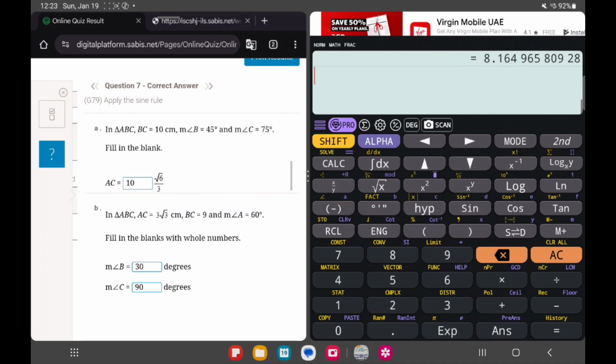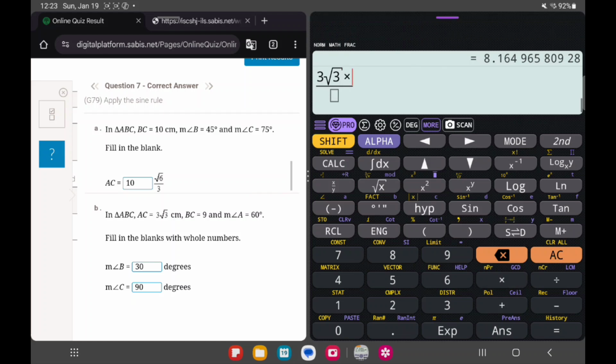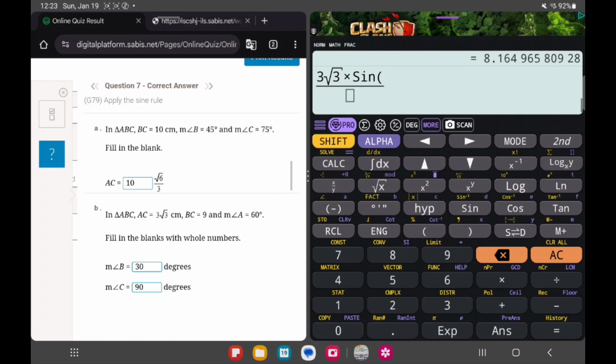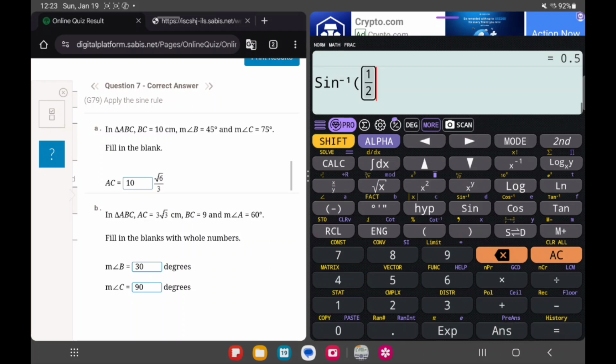It's going to be 3 radical 3 times sine 60 over 9. We get the answer, and then we shift sine the answer, and you get 30. It's that simple. Like I said, once you get the hang of it, you can solve every single question in this quiz.